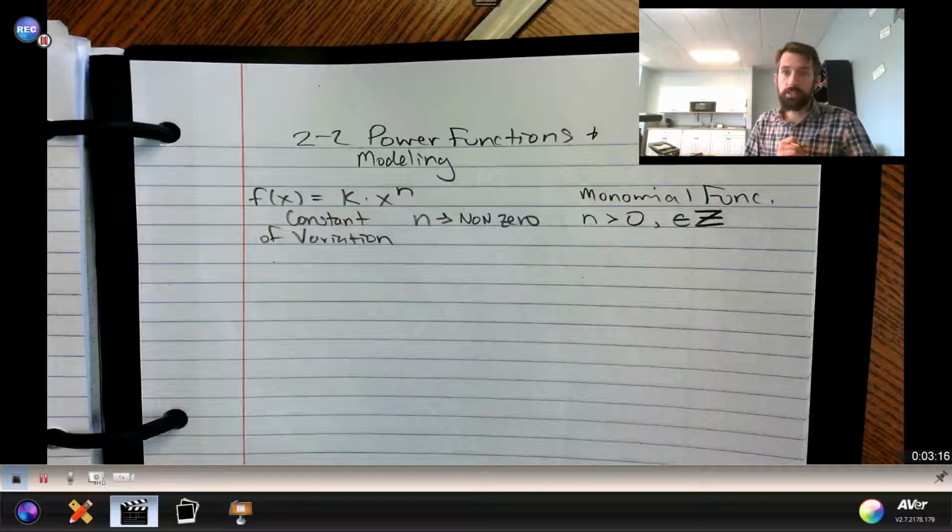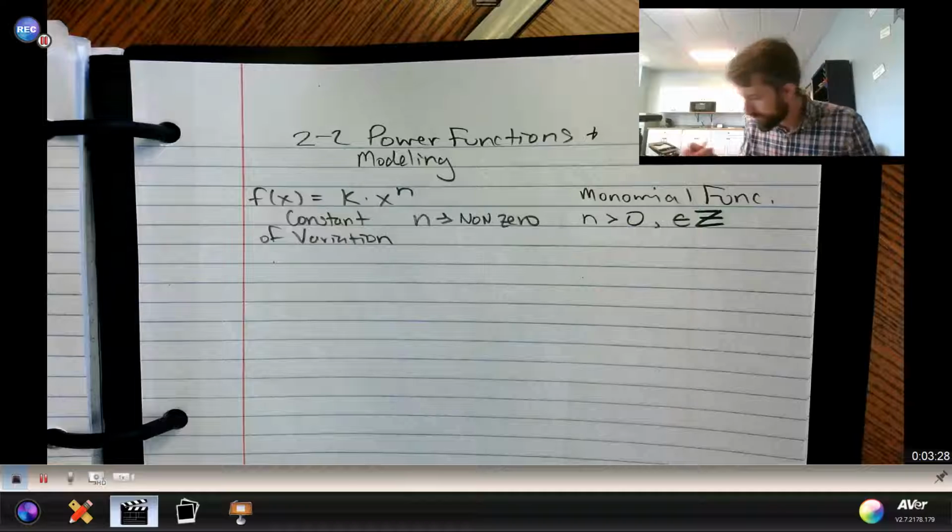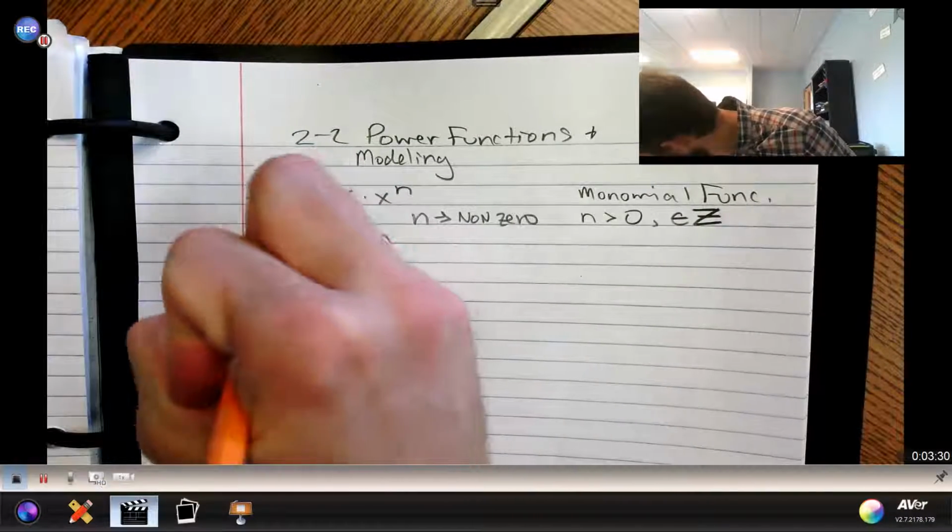So what we're going to do today is some graphing of basic power and monomial functions. And we're also going to learn what properties we need to list when analyzing a function. We will do that here in our first example.